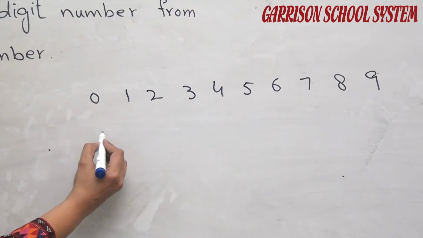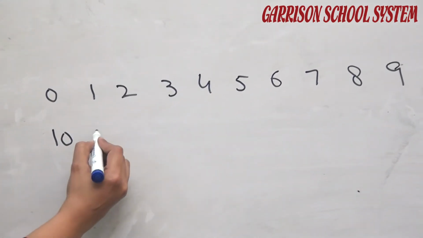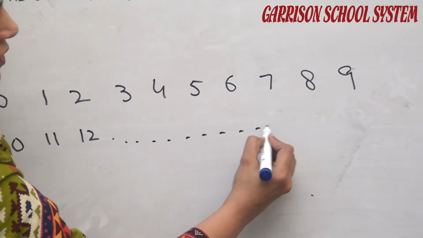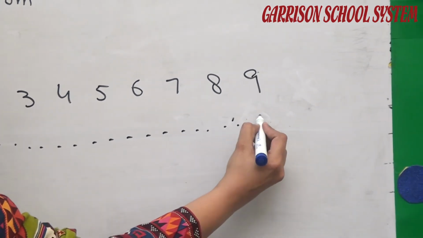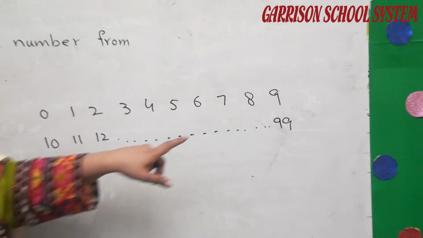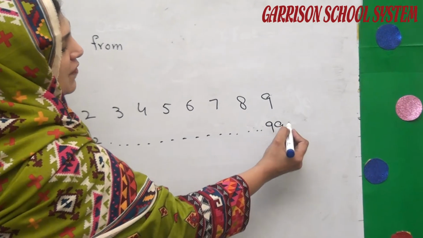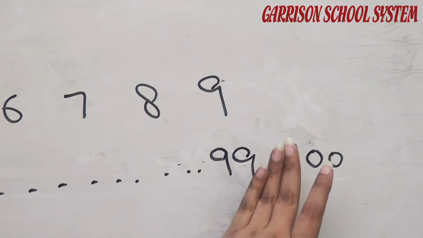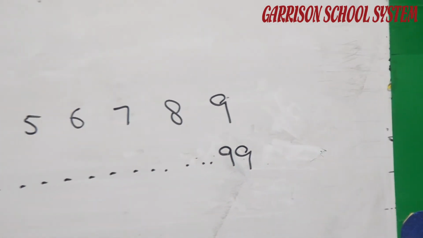The next line is from 10, 11, 12, and this will go up to 99, because after 99 comes 100, but we cannot write 100 here because 100 is a 3-digit number.